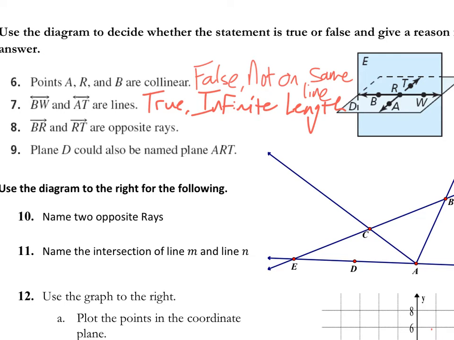BR and RT are opposite rays, so opposite rays have to have the same endpoint and go the other way. BR starts here, and let's highlight this guy.